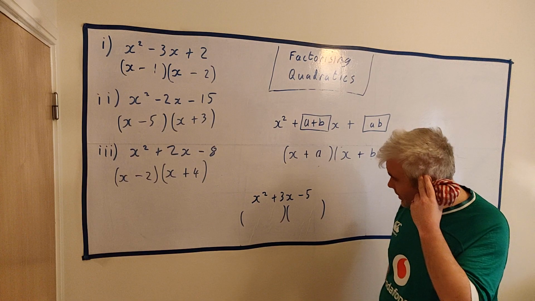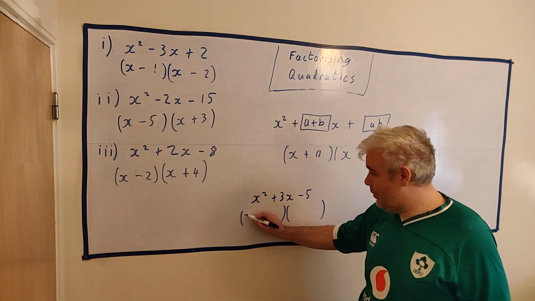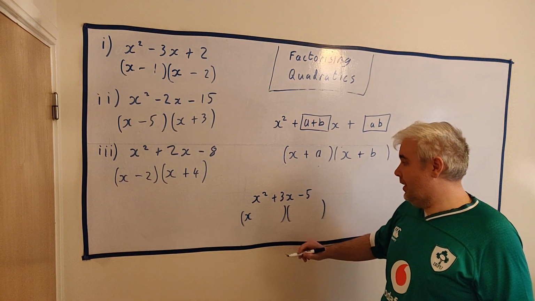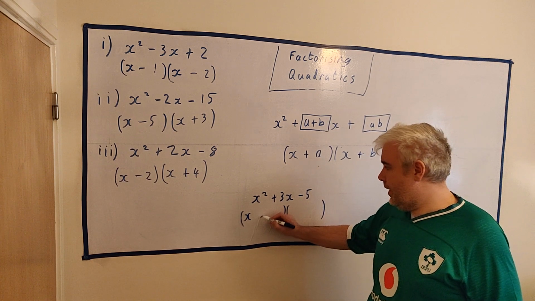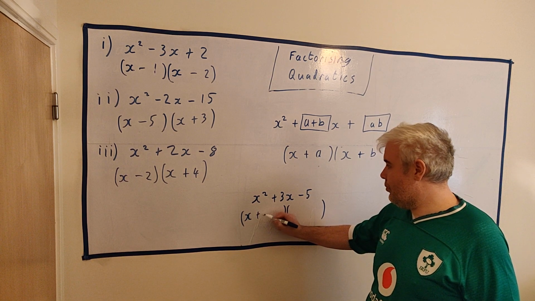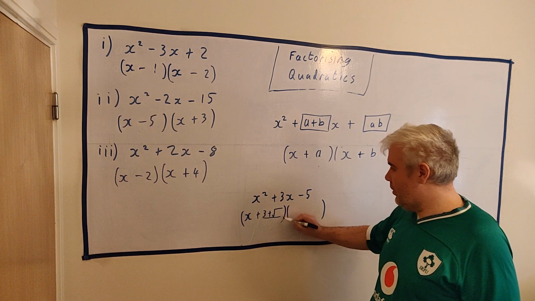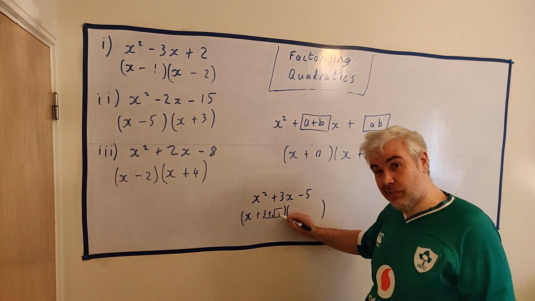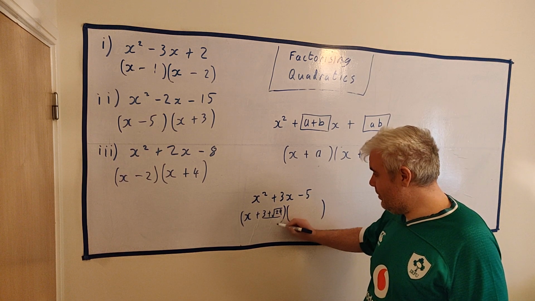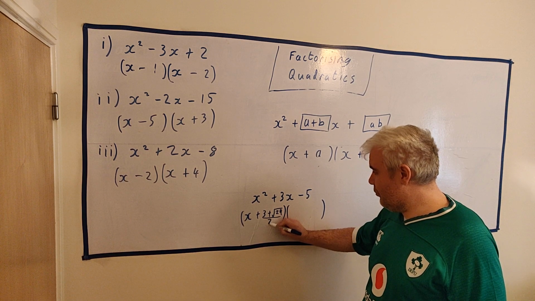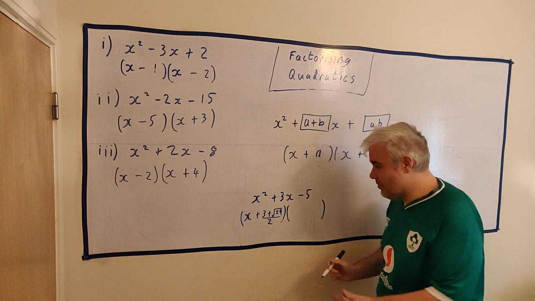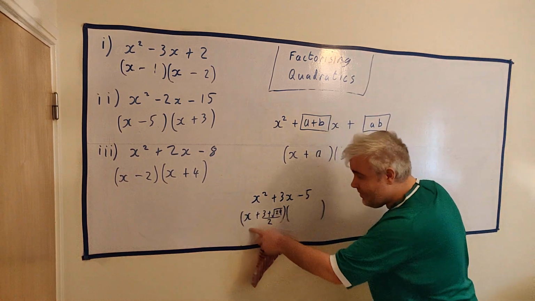It would be, I don't know it in my head, I'm afraid, but it'll be something like x plus 3 plus the square root of 29 maybe over 2, something like that. Like, the answer is going to be messy and awkward, but it's still an answer.